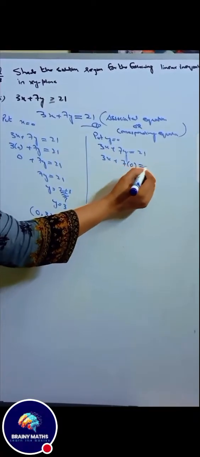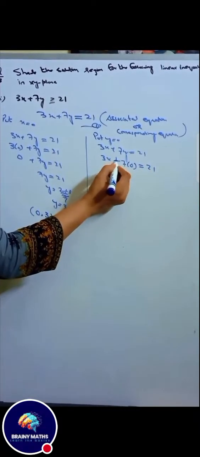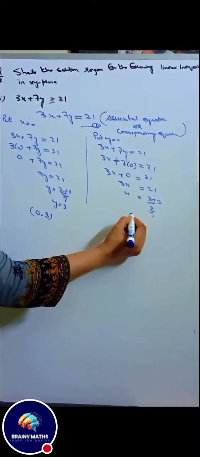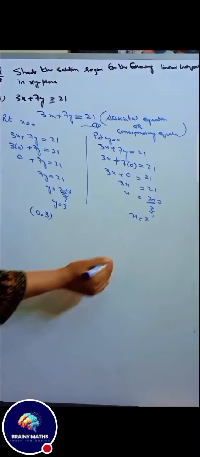Now jump to the next part. Put y equal to 0. If y equals 0, then what will happen? 3x plus 7 times 0 equals 21, so 3x plus 0 equals 21, 3x equals 21. x equals 21 over 3, so x equals 7. So the ordered pair we get is x equals 7 and y equals 0.